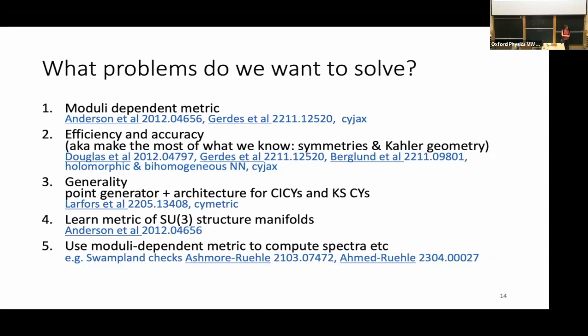I also haven't done it, but what we did do is we trained one of these metric ansatz and we checked the sigma measure that you get for this ansatz. And then we compared with the sigma measure you get out of Donaldson's algorithm, where you do this fixed point iteration to get these parameters in this H matrix.